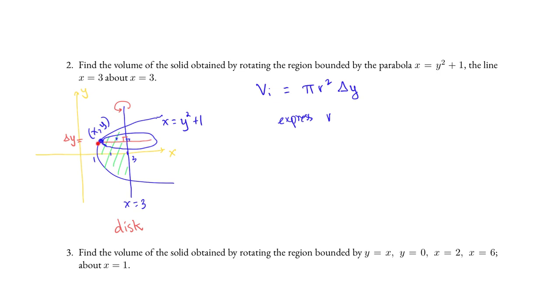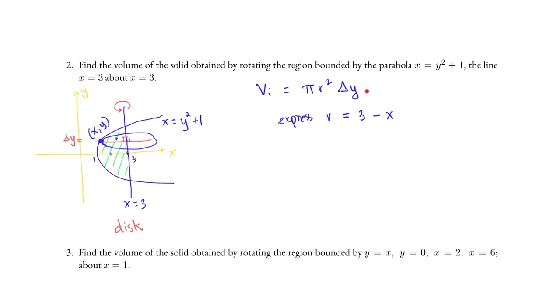It is the horizontal distance. Therefore, the radius is the right value, which is 3, minus the left value, which is always x. For example, if we were to draw another cross-section, then the radius would be the right, x equals 3, minus the left, which is an arbitrary x.